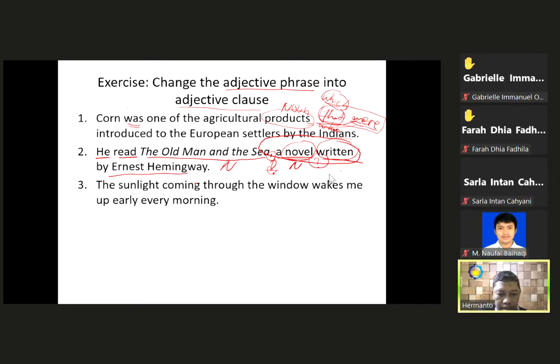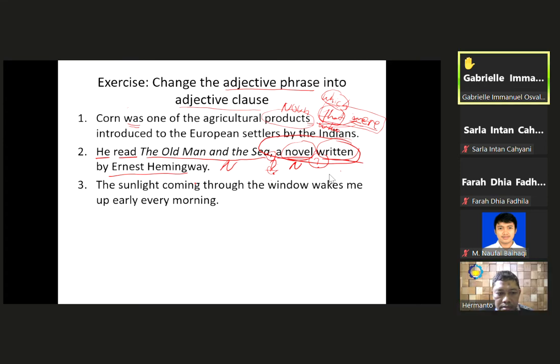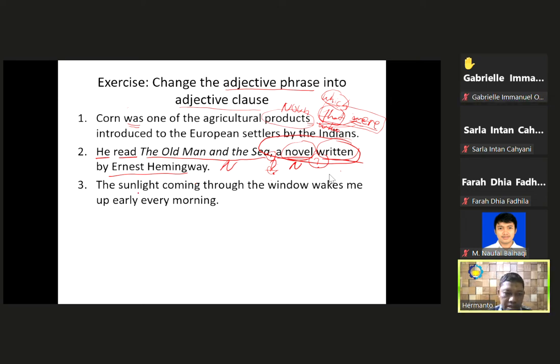Yes, Gabriel. The sunlight, which is coming through the windows, wake me up early every morning. Okay, thank you, Gabriel. So here, Gabriel's answer is which is. Okay, the sunlight which is coming through the window wakes me up early every morning.